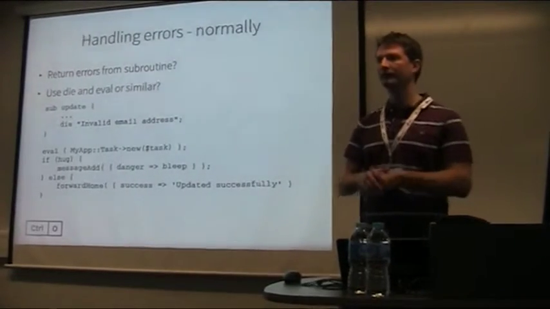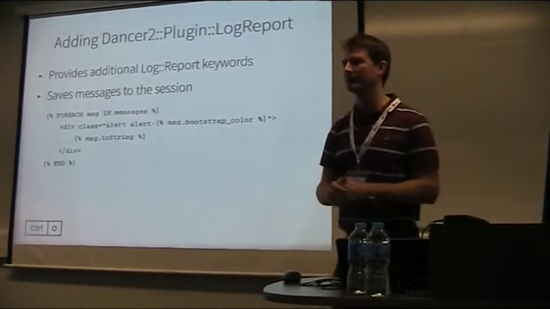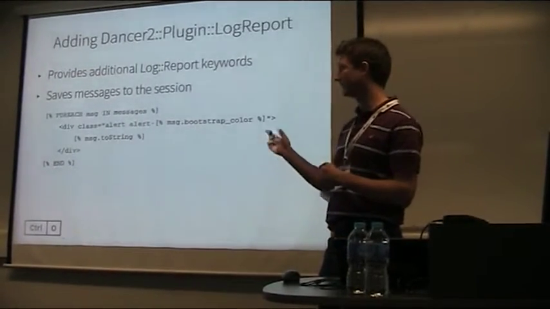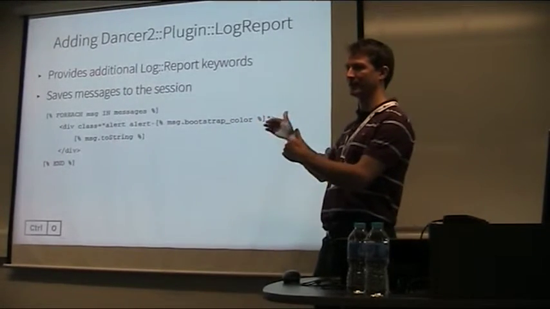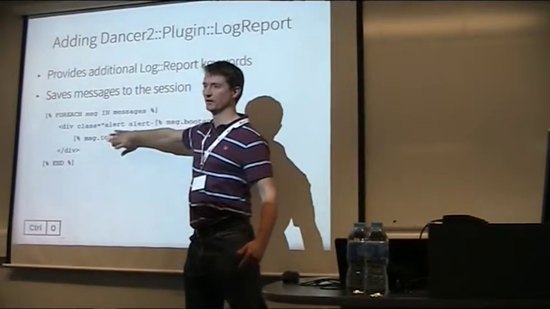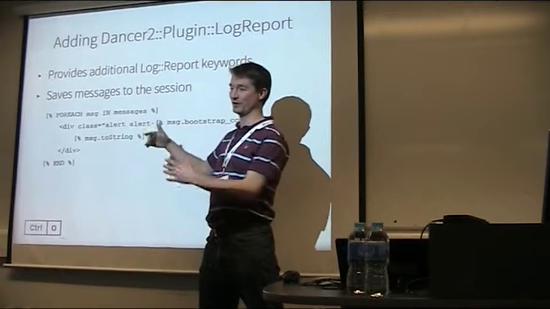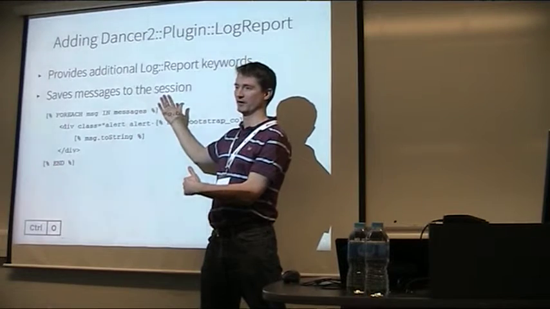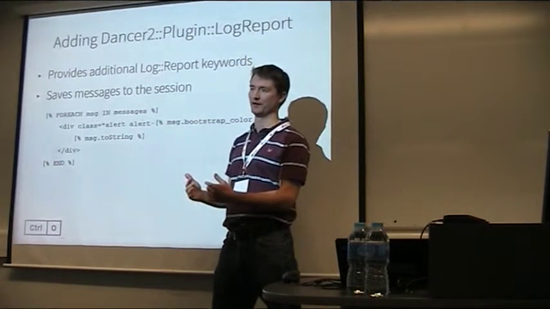Sorry, can't you just use an overload that will automatically stringify there? So say again? Can it not have an auto overload? Yeah, in fact, it does actually. So I suppose you put it in quotes and force it to. Sorry, but I guess what I'm saying is that if I was to put that without the toString, it will by default overload to a string. Yeah. But the problem is, in fact, it won't overload to a string. It'll actually overload the whole template into a log report message object, which would then stringify. So it would work fine, but then Dancer checks what comes back from the template.